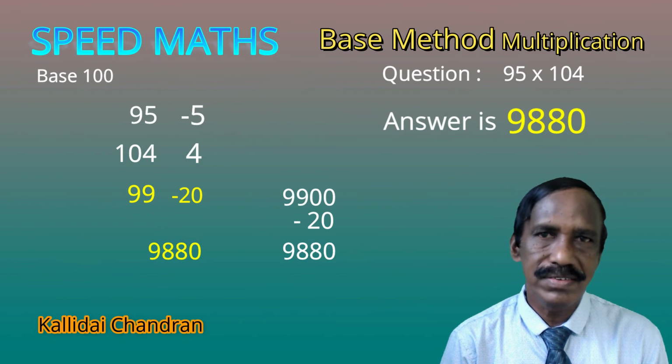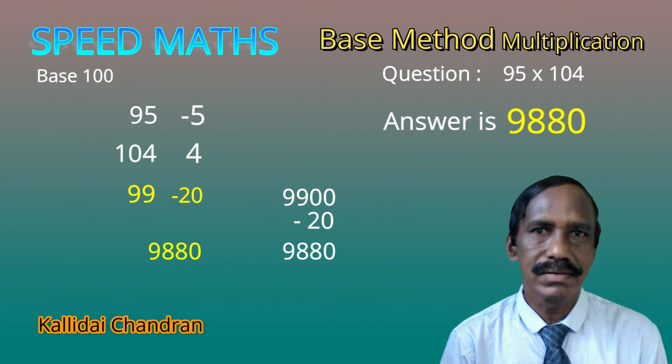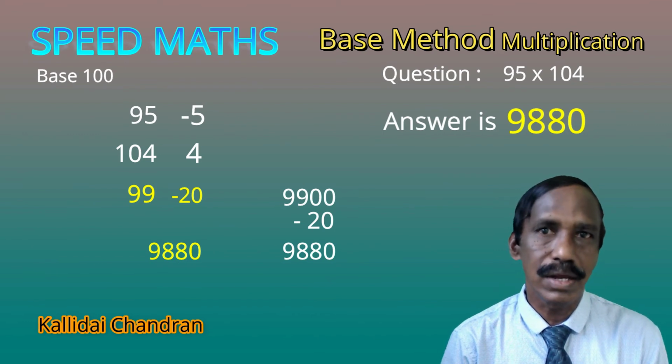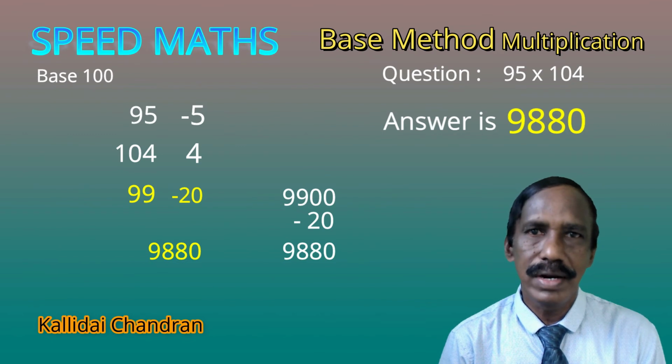If the base is 1000 and still the value is 99, in that case we have to add 3 zeros with 99. So in that case it will be 99,000. But in this problem, the base is only 100. Hence we have to add only 2 zeros to 99.